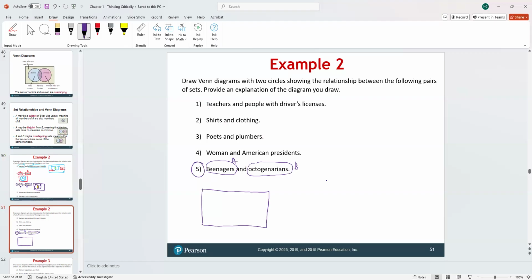Is that true? No. Okay, let's see disjoint. If you are teenagers, you cannot be octogenarians. Or if you are octogenarians, you cannot be teenagers. Is that true? Yes, so that's disjoint. No connection between these two because you cannot be both. That's A and that's B because no teenagers is in octogenarian. Also, these sets are disjoint and the circles should not overlap, right?